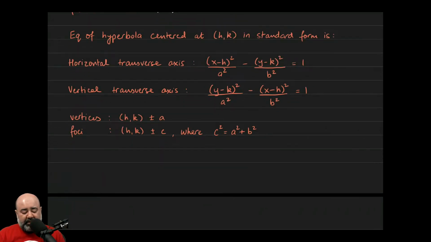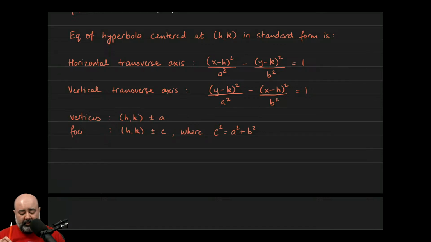So the equation of a hyperbola centered again at any random point h comma k in standard form is divided into two separate equations. You can have a horizontal transverse axis, which means if you think of the two parabola-like shapes for a hyperbola, it's the line that connects the two vertices.